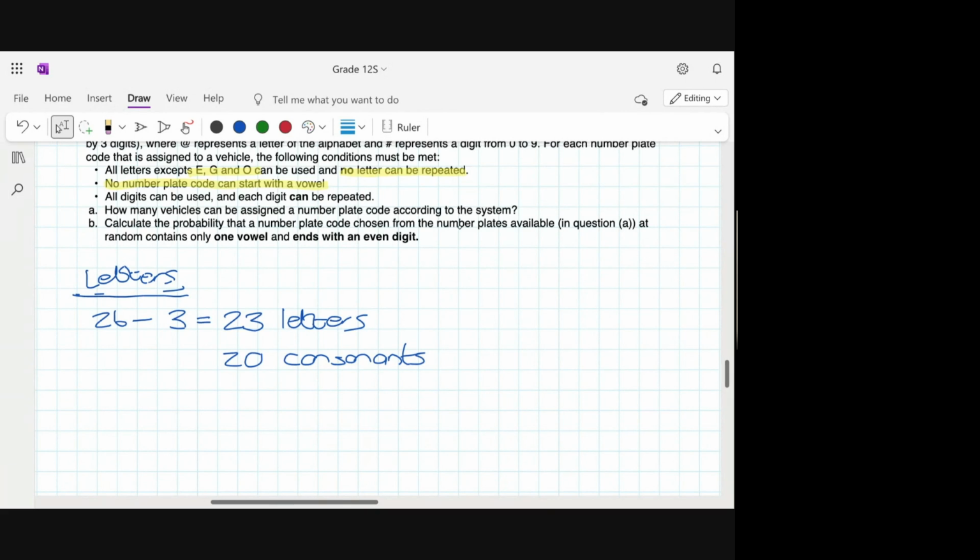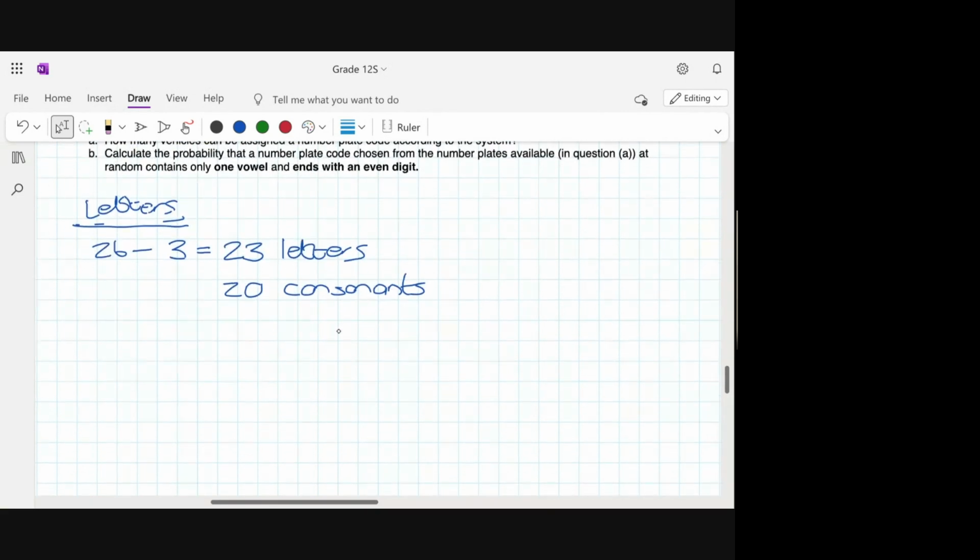So if we're looking at our valid number plates, what do we know? Here we go, 1, 2, 3, 1, 2, 3. The first is a letter. How many options do we have for the first letter? Well, it can't be a vowel. It can only be a consonant, and so I've got 20 options.